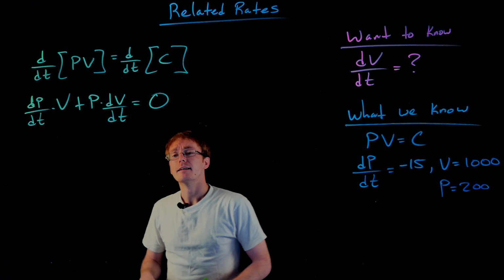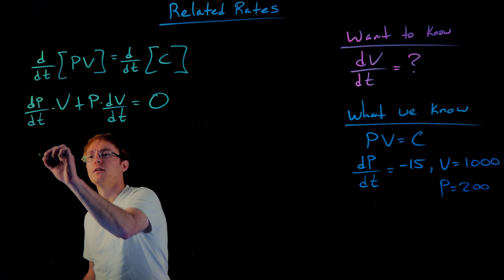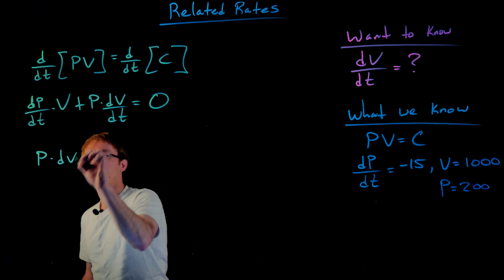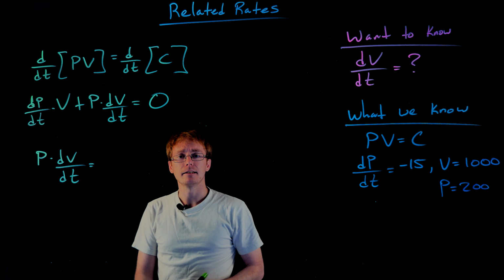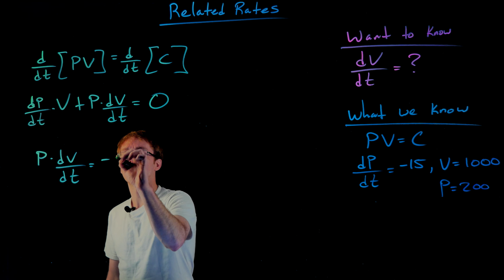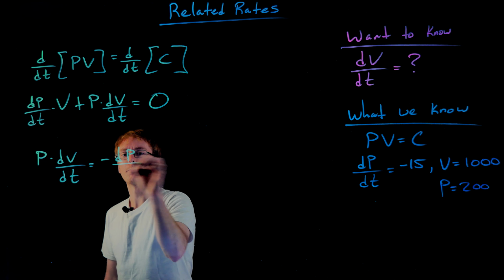So if we want to solve or isolate dV/dt, we have two terms on the left-hand side. We're going to start by getting rid of that first term, subtract it away from each side of our equation. So if I subtract dP/dt times V from each side of our equation, this is what we end up with.